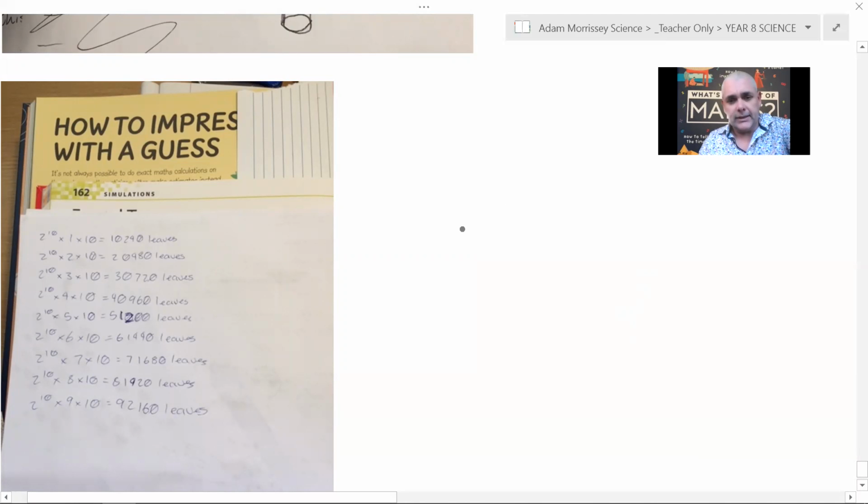Now, what's interesting here, what do we have? We've got the number of leaves. So we might model that with an L, and we times that by the number of branches.